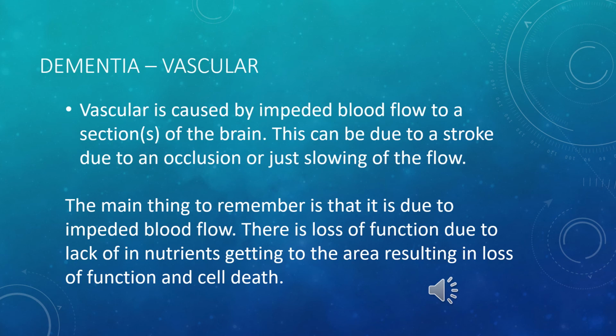It can also be from hypertension if the vessels get to where they're hardened and they don't really allow good flow and they're not flexible anymore. So there's any number of things that can affect the blood flow through the brain.